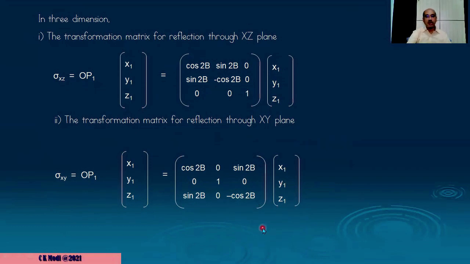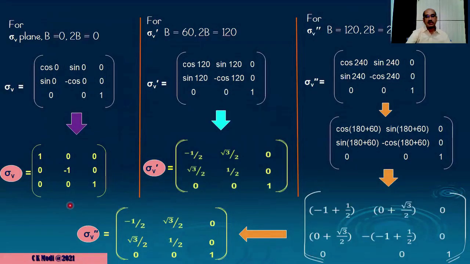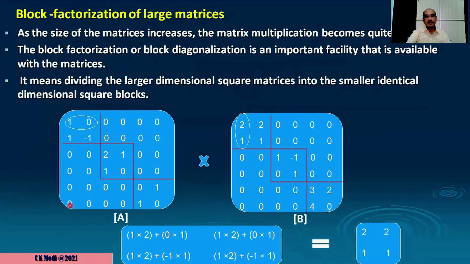So in this way we can derive the matrix for the mirror plane. This is the mirror plane sigma v xz, and this is sigma xy. We are least concerned with this one, so we just skip it.